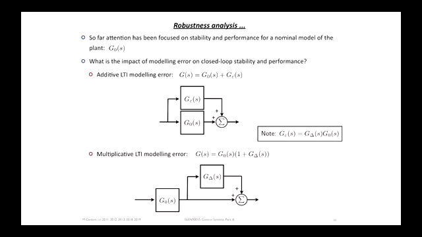Now we're going to think of it from a different perspective: modelling error. So let's start thinking about how you could model modelling error. There's not just one way of doing it, but two common ways are using an additive perturbation, and another common way is using a so-called multiplicative perturbation.